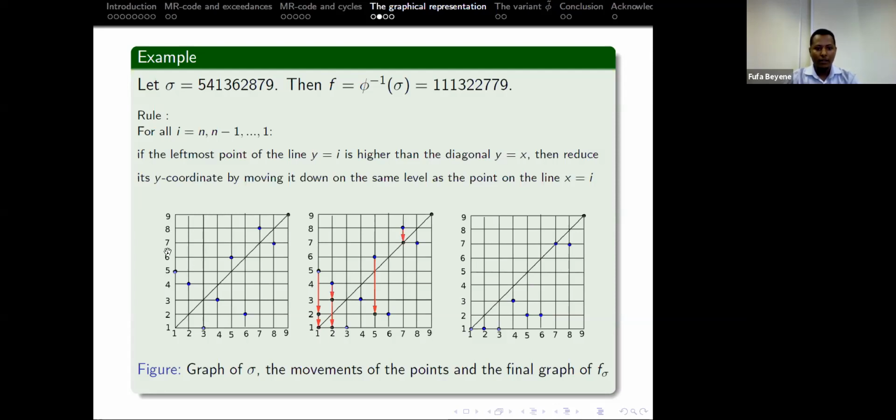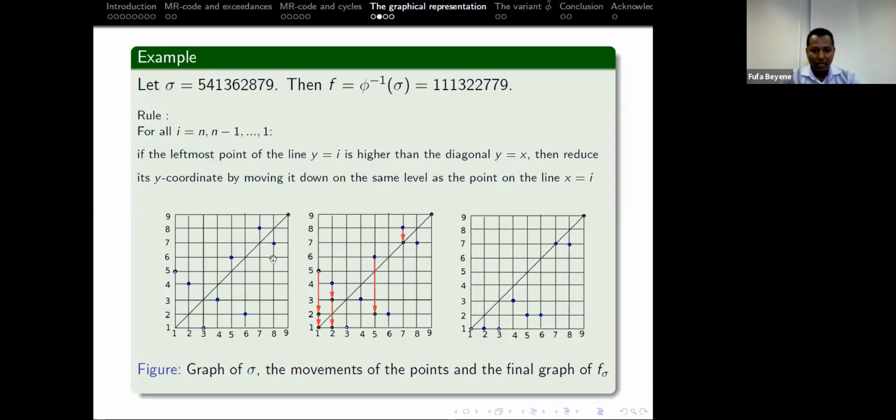Now we have the graph of sigma here, and the procedure says begin with i, the largest value n, and go down to 1. If the leftmost point of the line y equals i is higher than the diagonal y equals x, then we move this y coordinate down to the same level as the point on the line x equals i.